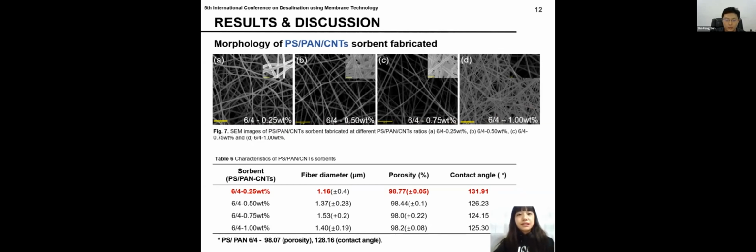The addition of 0.25 weight% CNT shows a higher porosity and contact angle than 6 to 4 of PS-PAN. However, further increase of CNT resulted in lower porosity and contact angle and thicker fiber diameter due to insufficient dispersion in the PS-PAN solution. Therefore, the highest oil sorption capacity was obtained with 6 to 4, 0.25 weight% of PS-PAN CNT.